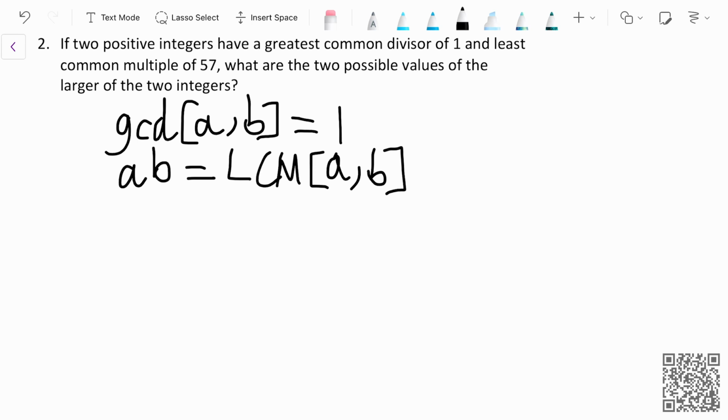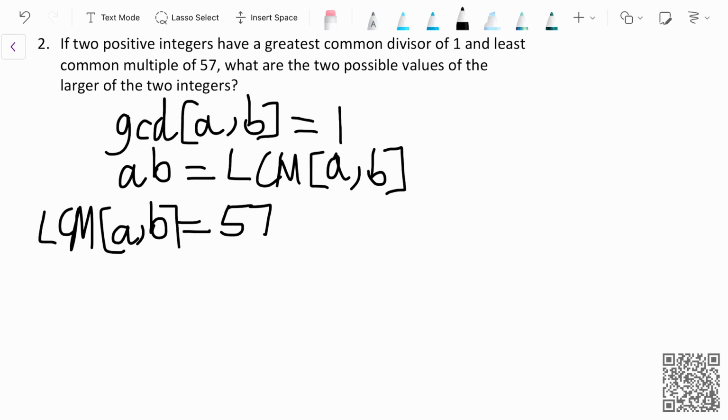So if A and B are the two numbers in our problem, then AB would equal 57. Or their LCM, AB, would also equal 57. LCM(A, B) equals 57.